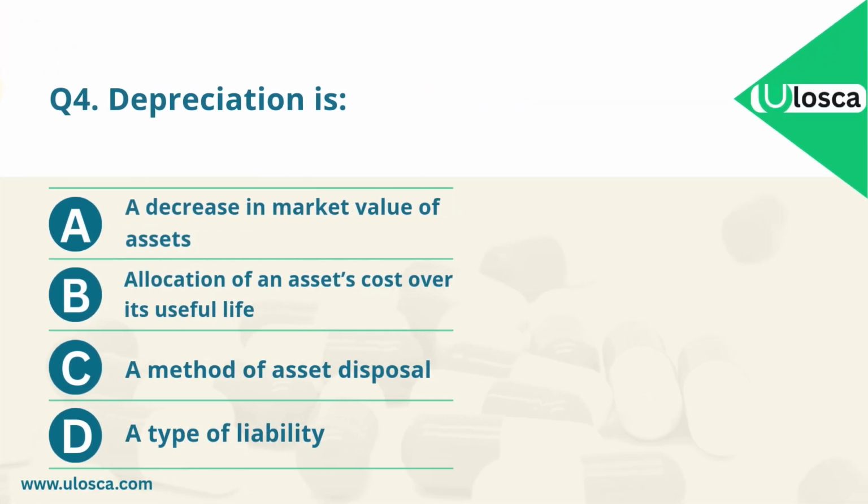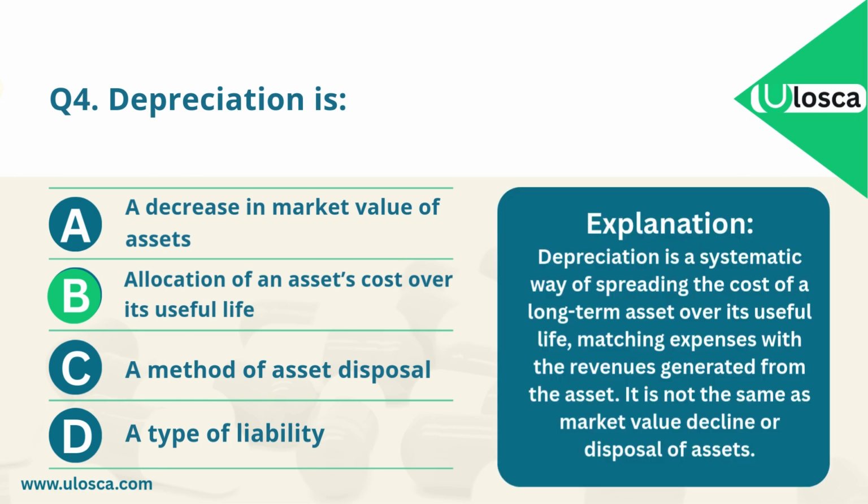The correct answer is B. Allocation of an asset's cost over its useful life. Explanation. Depreciation is a systematic way of spreading the cost of a long-term asset over its useful life, matching expenses with the revenues generated from the asset. It is not the same as market value decline or disposal of assets.